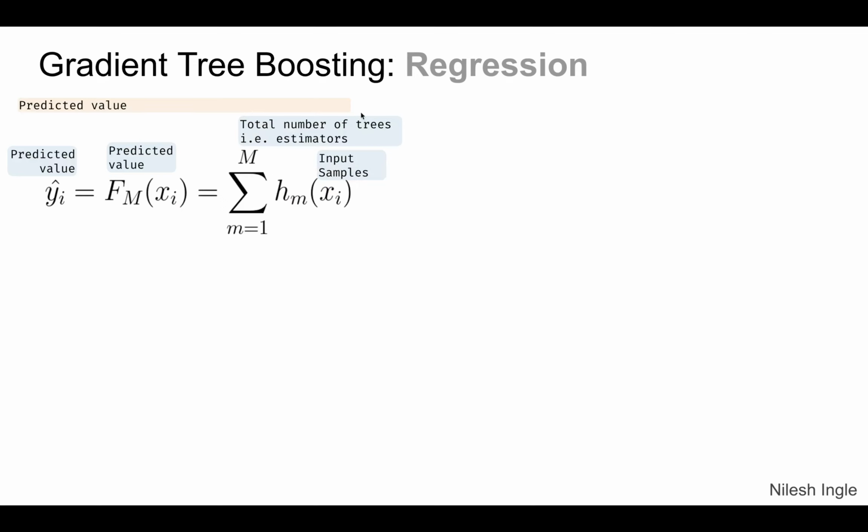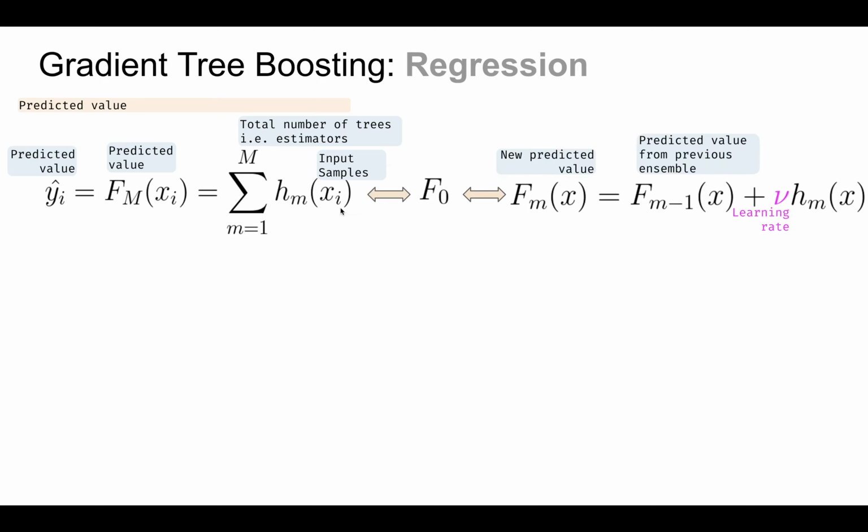So let's say here in this mathematical form, and again this is from the scikit-learn docs, we have y_i hat, which is the predicted value, equal to f_m of x_i. This is a predicted value, equal to the sum of m from 1 to M. So M is the total number of trees we are creating, h_m of x_i.